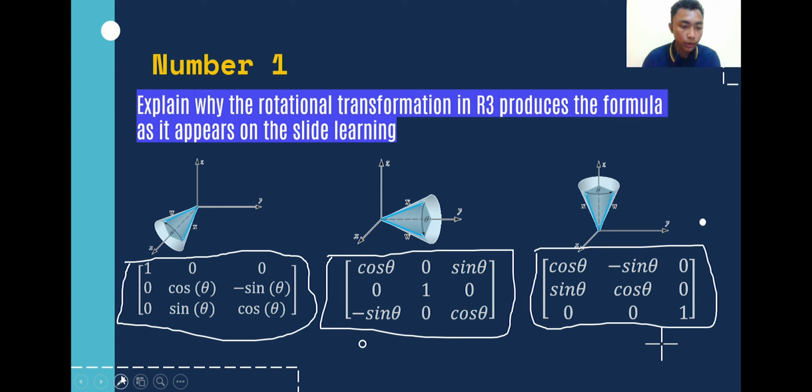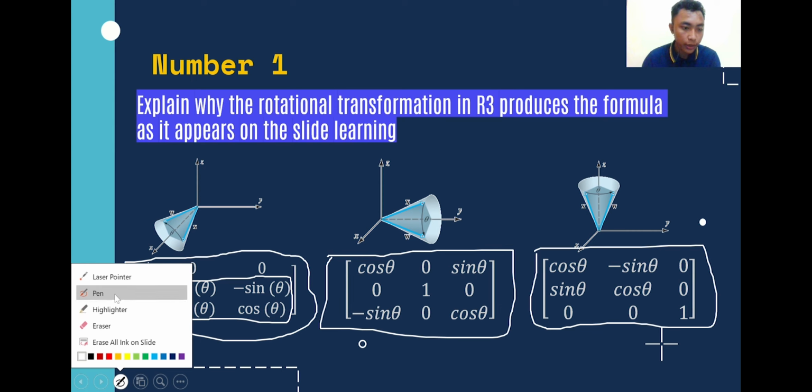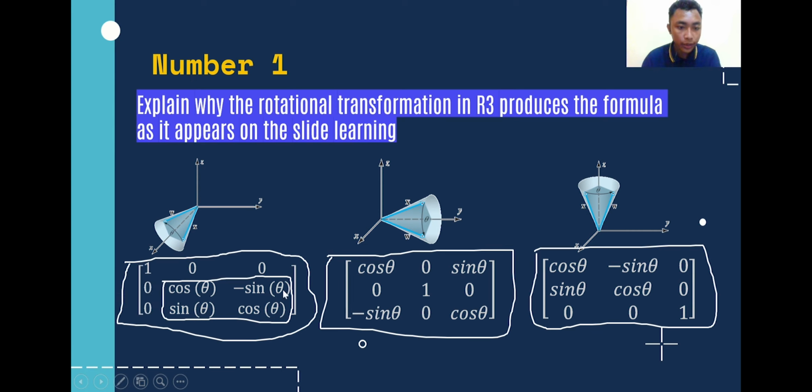So how about this formula, where do we get this? From my understanding, we get this formula from the rotation in R2. The formula in R2 is like this: cos theta, minus sin theta, sin theta, cos theta.